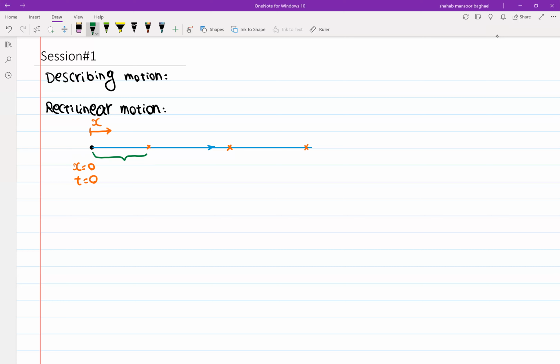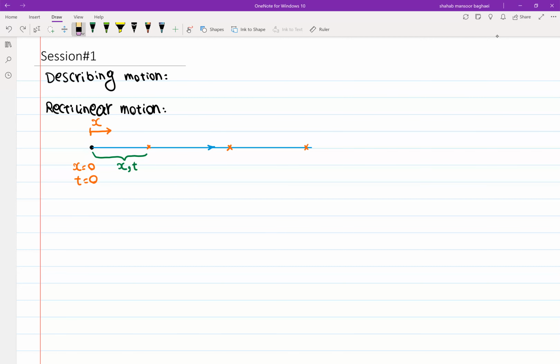Consequently, you have the X value. You can measure X and you can measure time, both quantities. In other words, pay attention, everything should be compared with respect to the origin, which is here. This is the origin.